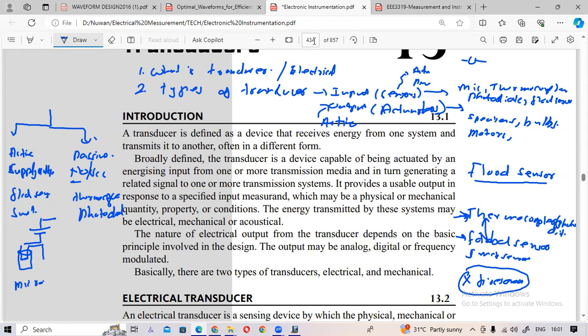So you should be able to take your own notes. You should know what is a transducer, what are the types of transducers, what are active sensors and what are passive sensors. That idea you need to have. Those are basic things, just common sense.